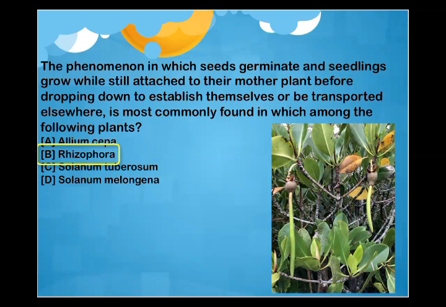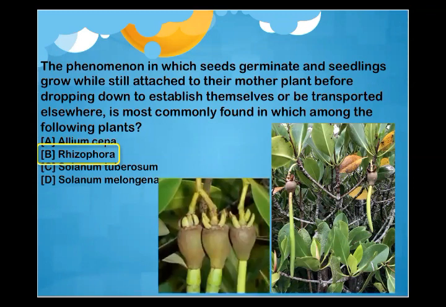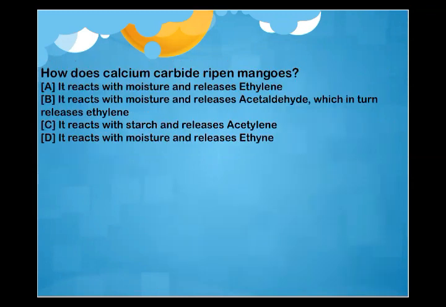Once the seed has given rise to the seedling completely, it eventually gets detached. The seedling falls directly from the mother plant and grows as a distinct plant. That's how vivipary is performed in some species of angiosperms.